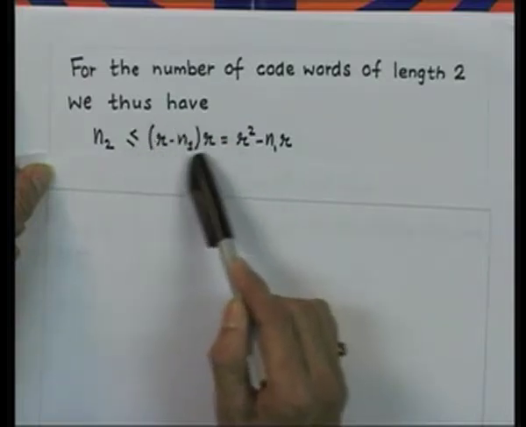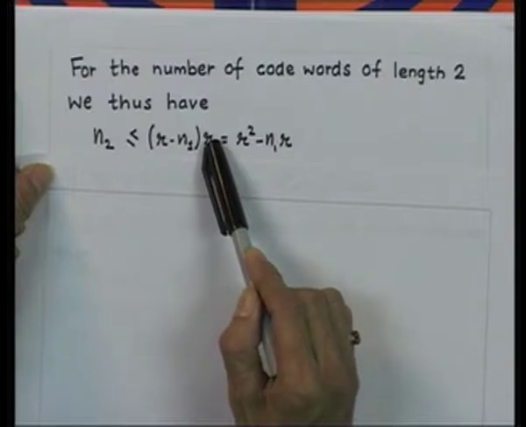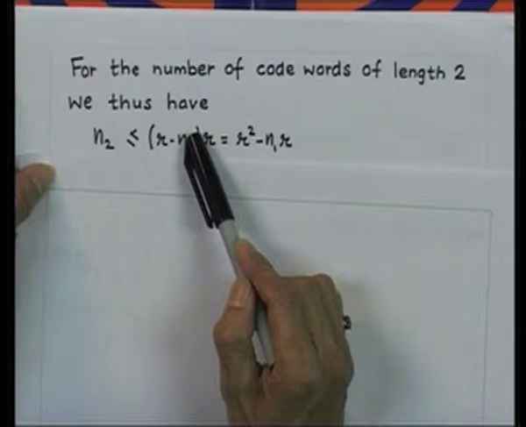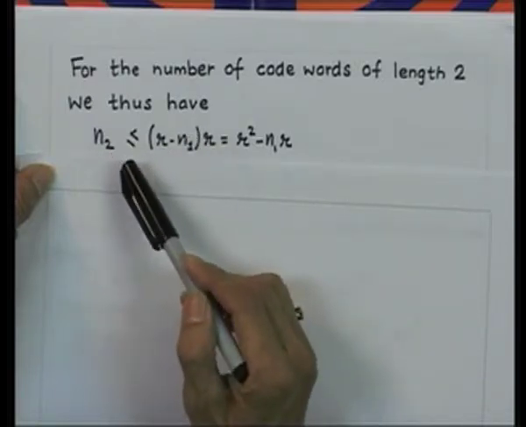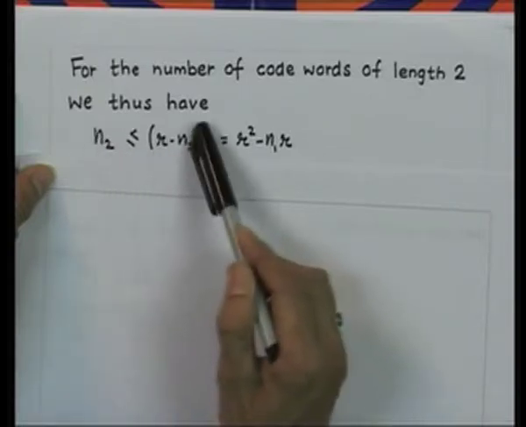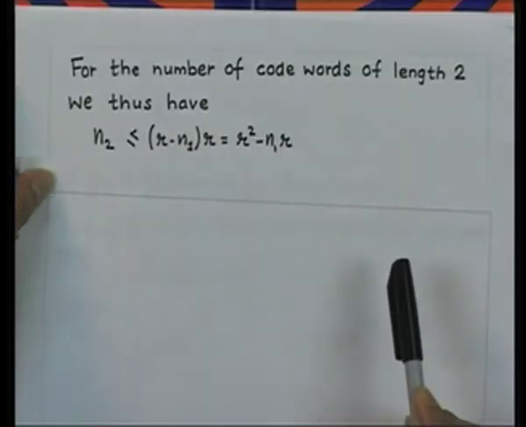So, this is the number of code words which I can form of length 2. Since the code is instantaneous, the number of code words which I have of length 2, that is n2, should be less than this quantity, and if you simplify this quantity, it turns out to be this.